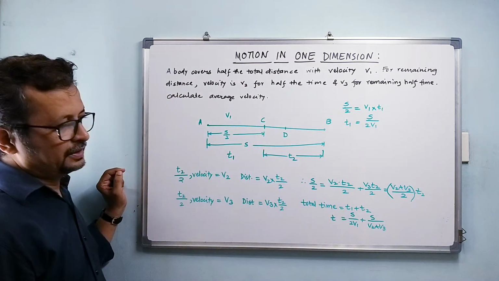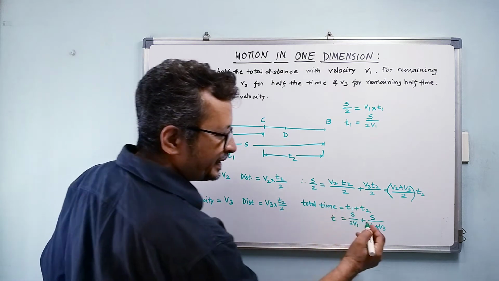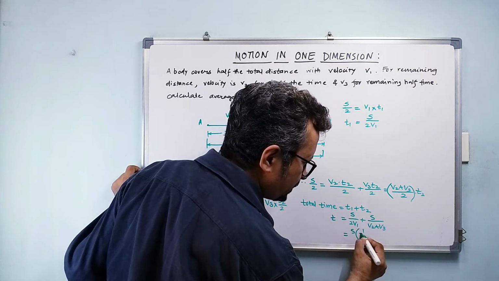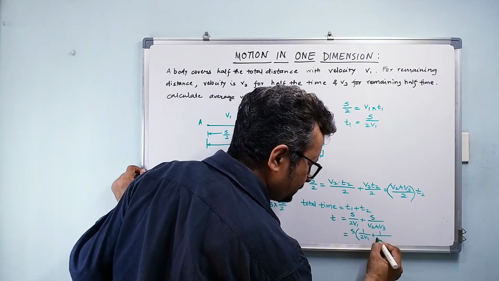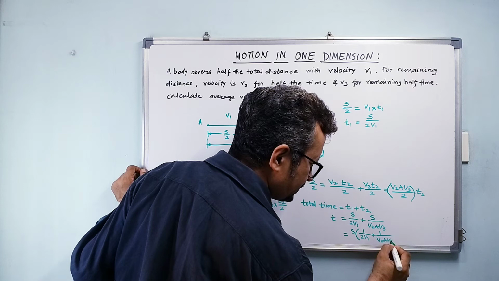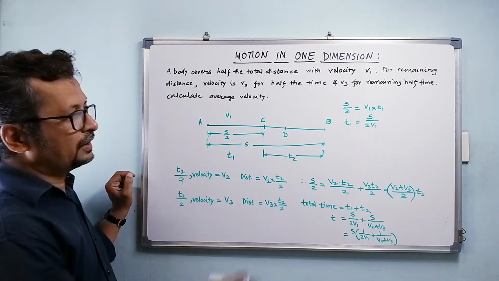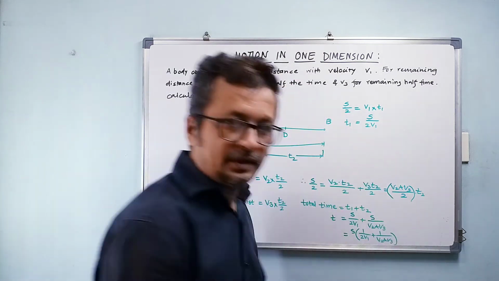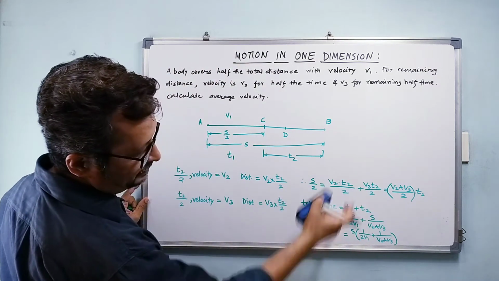Okay. Now what? Can we simplify? I can take this S common here. S into 1 upon 2v1 plus 1 upon v2 plus v3. Correct? Now I'll just cut this. You can see it later. But then I am going to continue this step further.